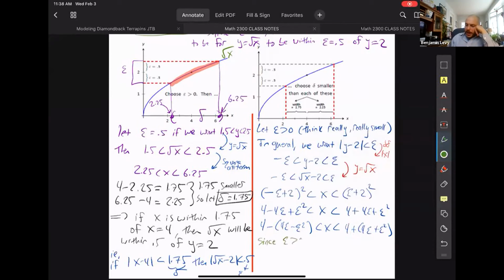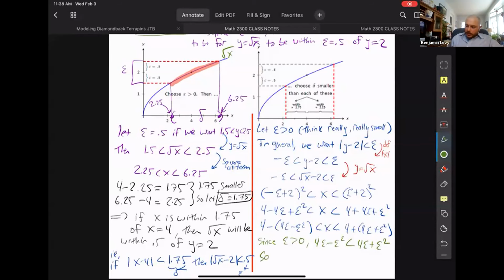Since epsilon is any positive number, 4 epsilon minus epsilon squared is actually less than 4 epsilon plus epsilon squared, right? In other words, when you subtract a positive number, it's less than adding a positive number. And so that's the smaller one, and so that's our delta then.